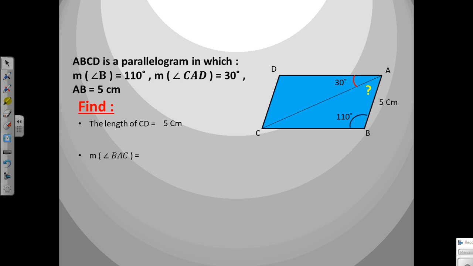But here we have a missing part of an angle. How can we get it? Excellent. We will make 180 minus 110 plus 30, and the answer will be 40 degrees.